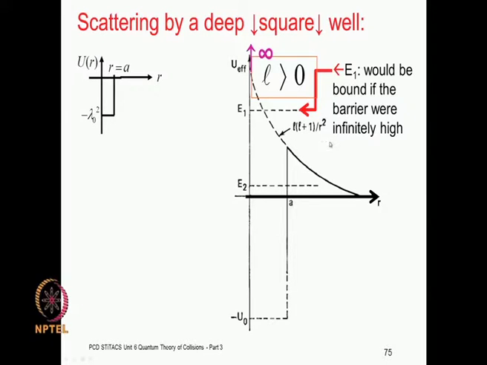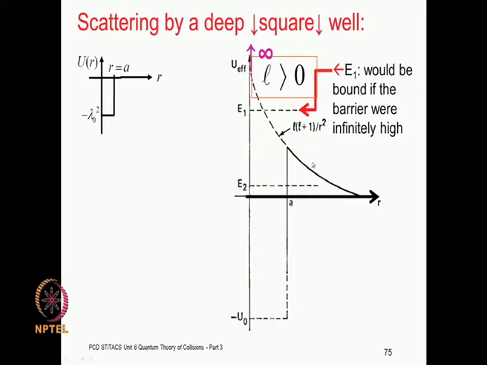If L was 0, okay, the potential would not have this shape, and depending on the value of L, L into L plus 1 by R square will change, and the details of this shape will change.